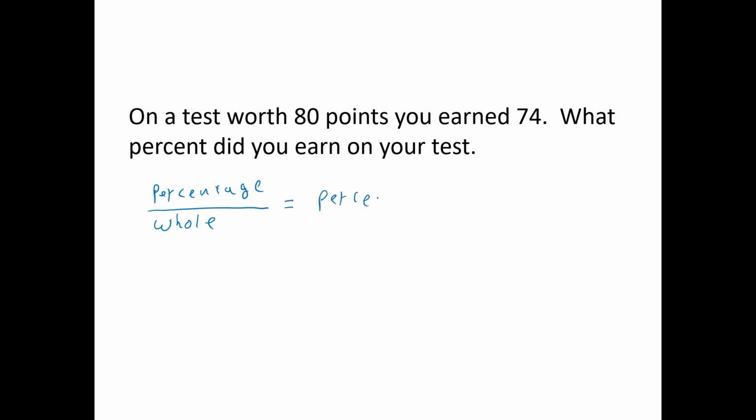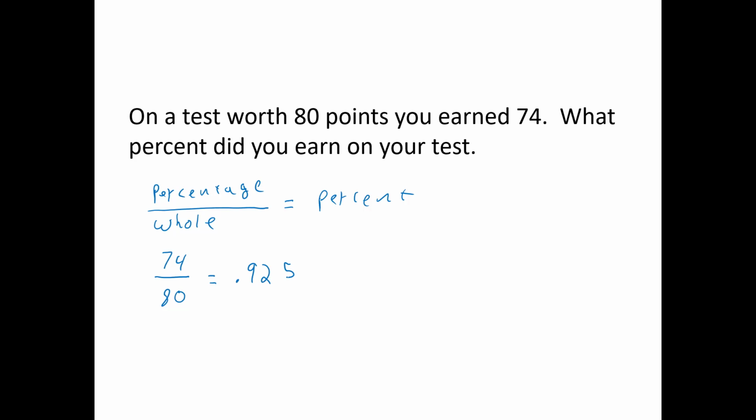So this is the basic percent formula, right? So you earned 74 points, and there were 80 points possible. And so when we calculate this on the calculator, 74 divided by 80 is 0.925. So this is the ratio at which you answered your questions correctly, 0.925.